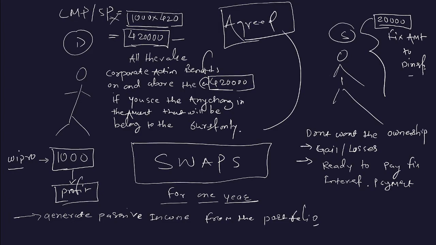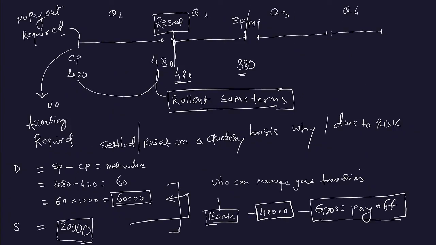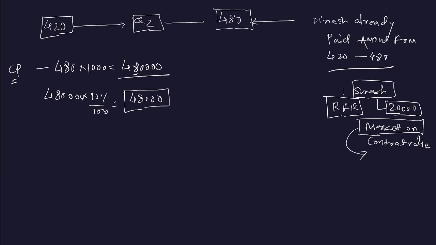And if you see here what happened, the price went down from 480 to 380. We'll calculate the losses first. Quarter 2. The original contract value was 4 lakh 80, right? Yes, sir.